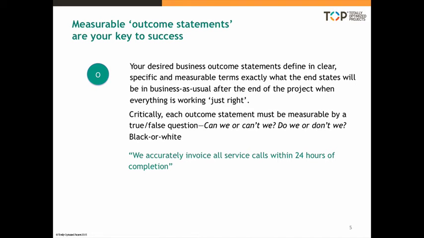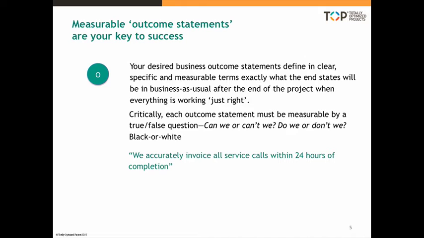The first one, we accurately invoice all service calls within 24 hours of completion. Now this was in an organisation that took anything up to 4 months to generate an invoice, and these invoices were over $50,000 each. So this was the outcome they sought.